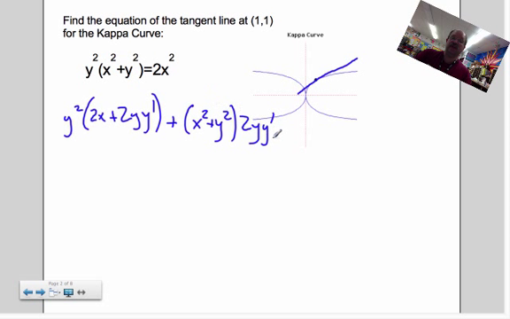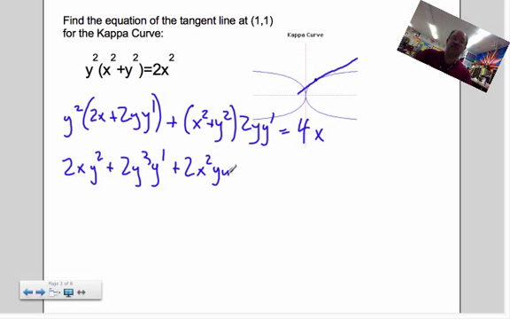Okay, so we've taken care of this side, equals the derivative of that side, which is 4x. All right, we got to do some little multiplying to make it all look nice. 2x y squared plus 2y cubed y primed plus 2x squared y primed plus 2y cubed y primed equals 4x.